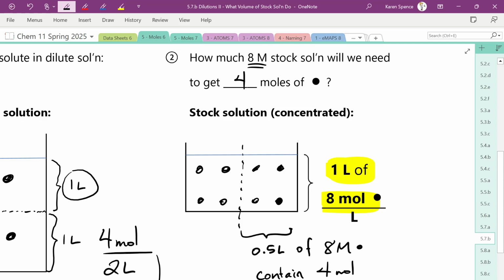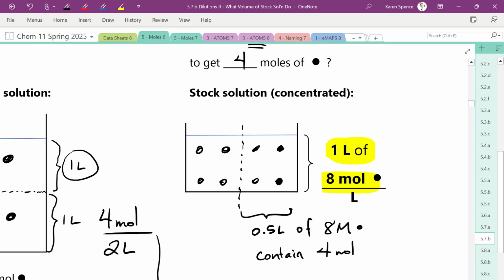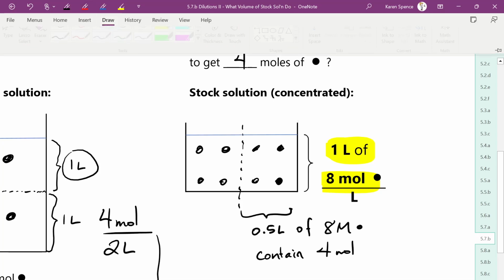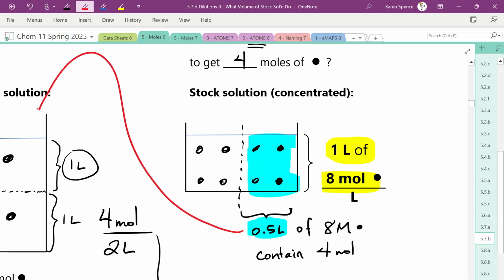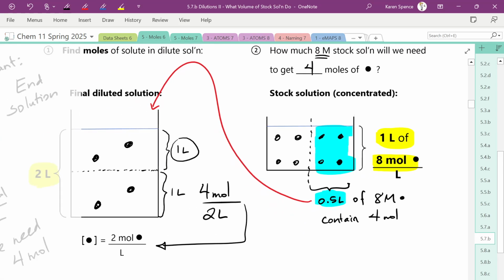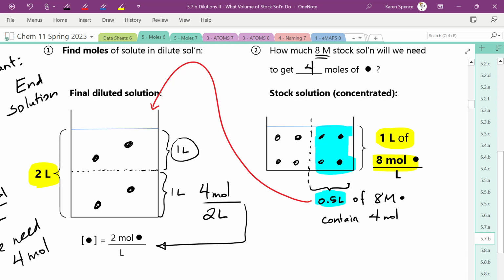Okay, so what we would do is then we would take this 0.5 liters and we would move it over there, and then we would add 1.5 liters of water to bring our final volume up to 2 liters.